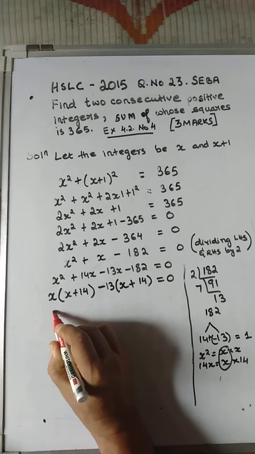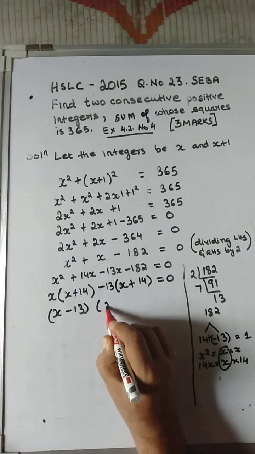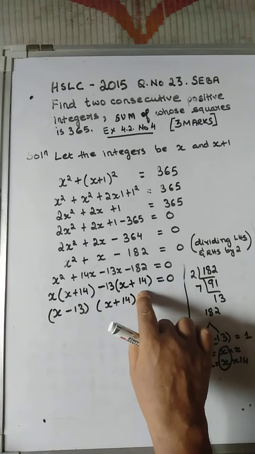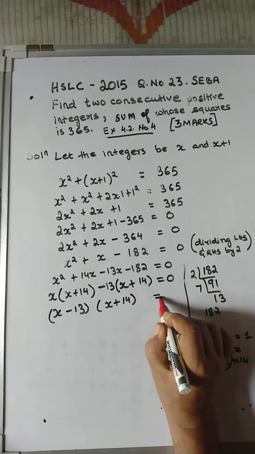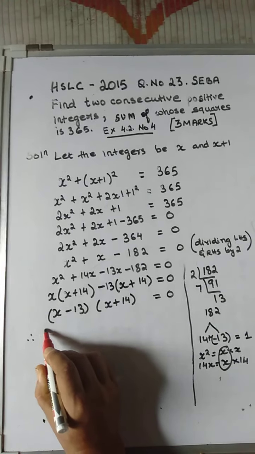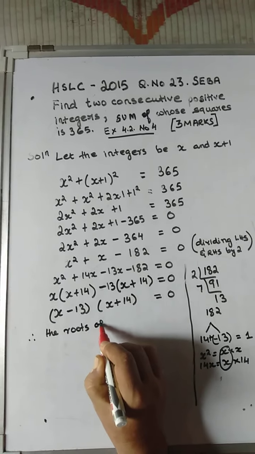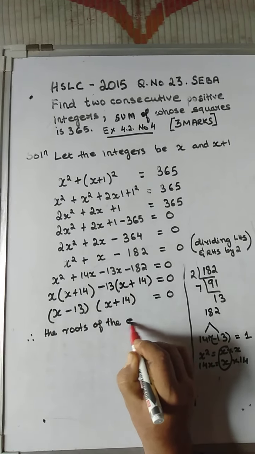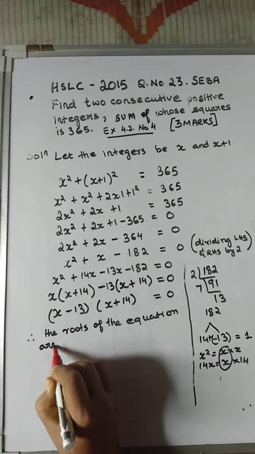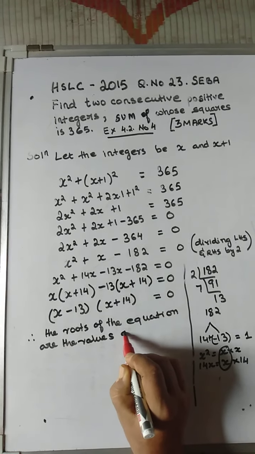Now you can get x minus 13 and take the common binomials, which are the same, times x plus 14, and you get 0. And then you can say, therefore, the roots of the equation are the values of x.